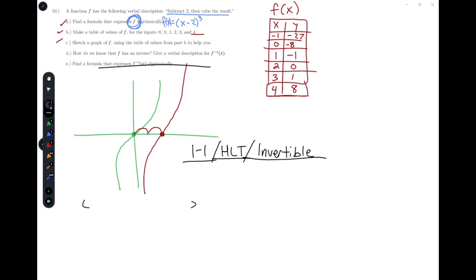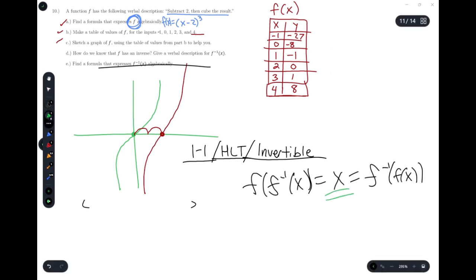Now, if you wanted to go find the inverse and then set f of g of x, actually, let's do it even prettier than that. F of f inverse of x equals x equals f inverse of f of x. Power to you. Do it. That x is what you're looking for.